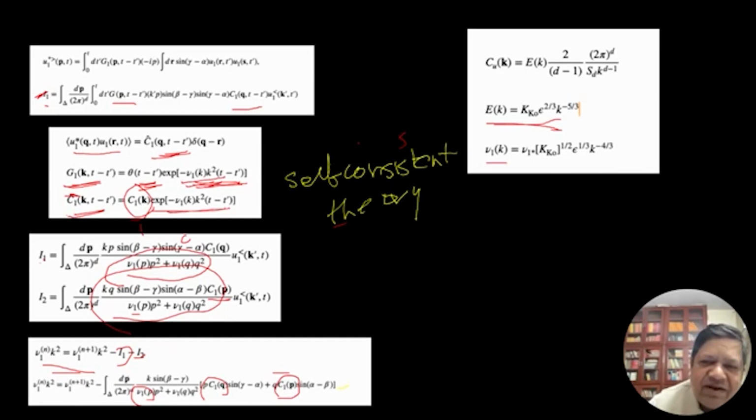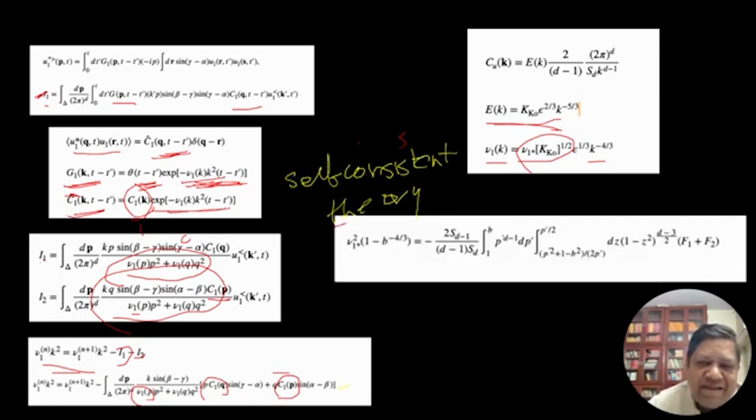And nu of k is k to the minus 4/3, and there are constants in front. So if I substitute these, there will be constants and some function of p, q, power laws, but they could be integrated. Now, the region of integration, that's another thing to worry about.